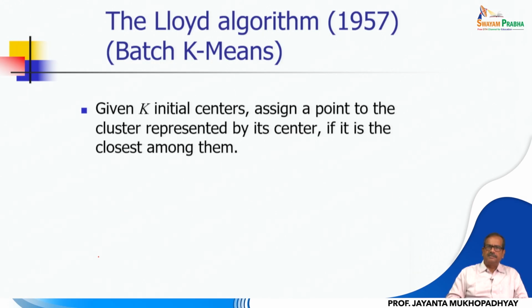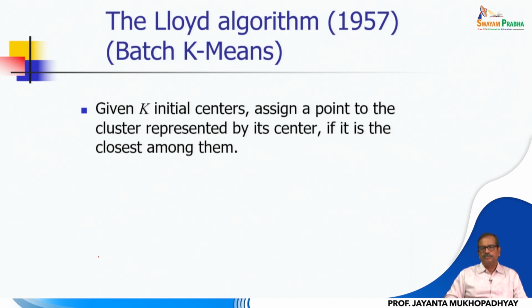This algorithm, which is also referred to as the batch k-means clustering algorithm, starts with any arbitrary partition initially, and for that partition you compute its center. Then you assign each point to the partition whose center is closest to that point. You will get a new partition out of this. Some of the points which in this iteration belong to, say, the ith partition may be closest to another, jth partition, so we will be reassigning them.